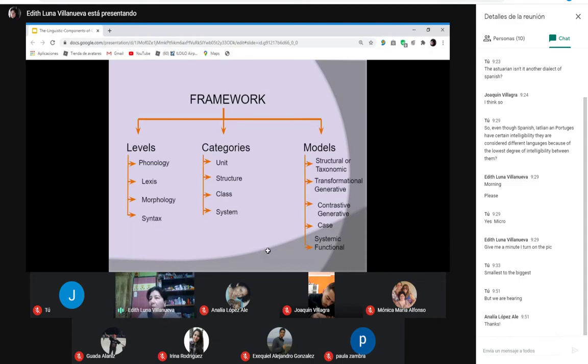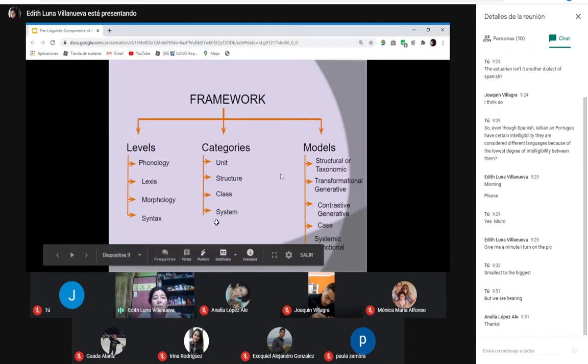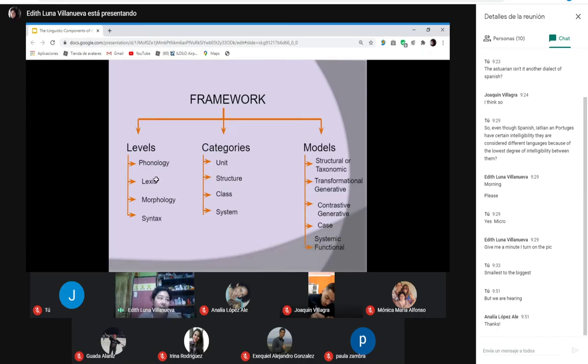A model you already know because that is actually our particular perspective during second year grammar.